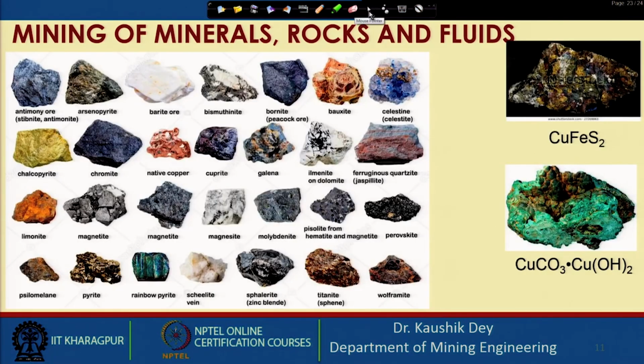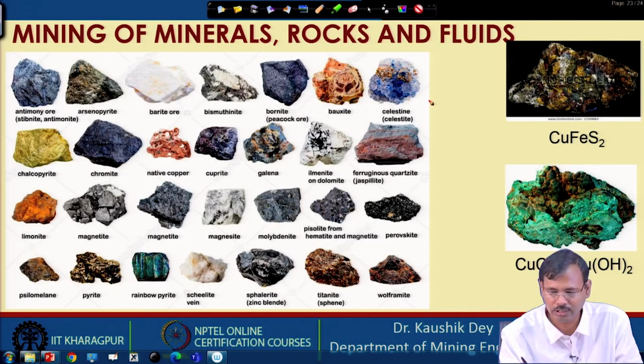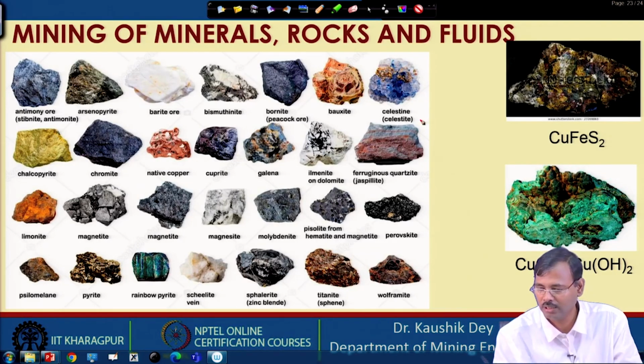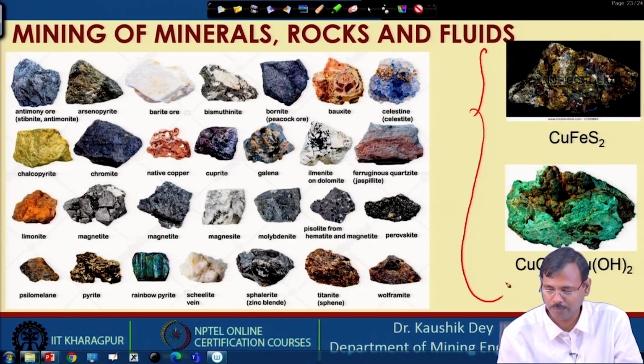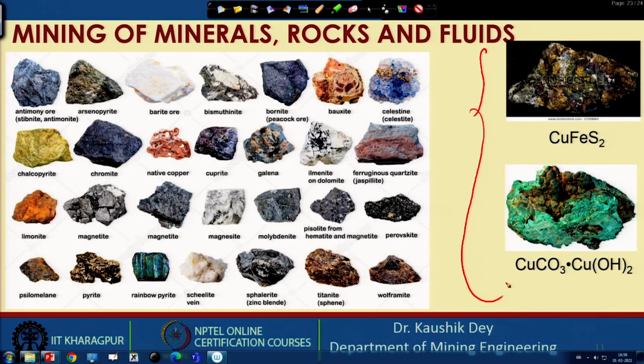Now, let us look into the different types of minerals. This is a holistic list of different minerals given here, but I would like to draw your attention to this part. What is this?